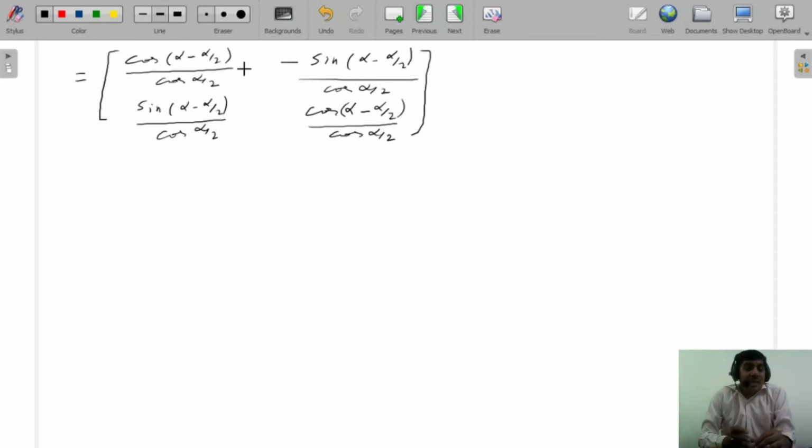Using the trigonometric identities cos A cos B plus sin A sin B as cos of A minus B, and sin A cos B minus cos A sin B as sin of A minus B, we find these values.